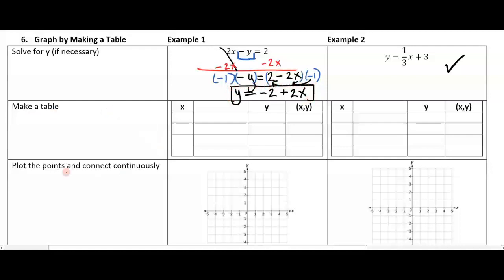Next, we're going to make a table, and you've probably seen the XY table format. We're actually going to include a little extra step here just for our unit 3, and then in the future we'll do just the little XY format. But basically we're going to choose some X values, and then we're going to evaluate to find what Y is.